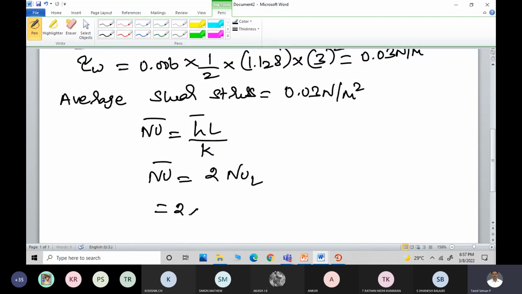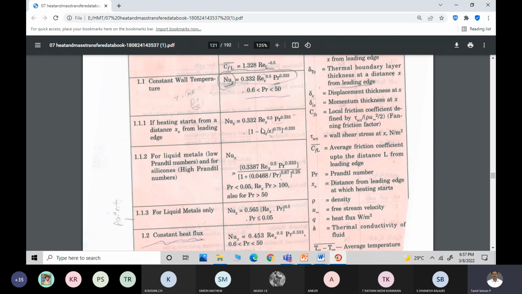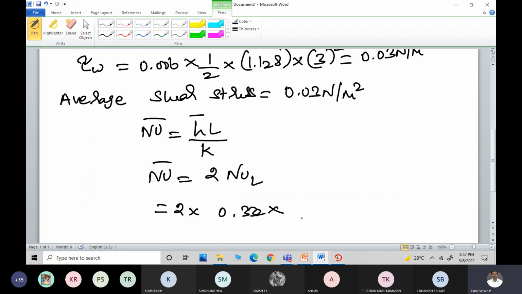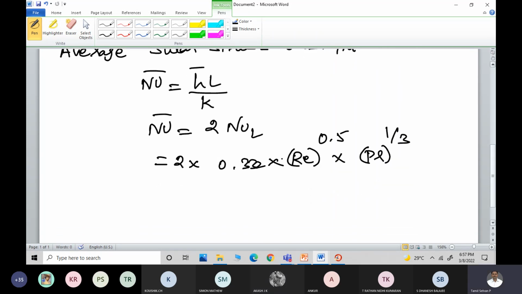So 2 into 0.332 into Reynolds number to the power 0.5, Prandtl number to the power 0.33. Please correct me if I am wrong. Is it correct? Yes, sir.